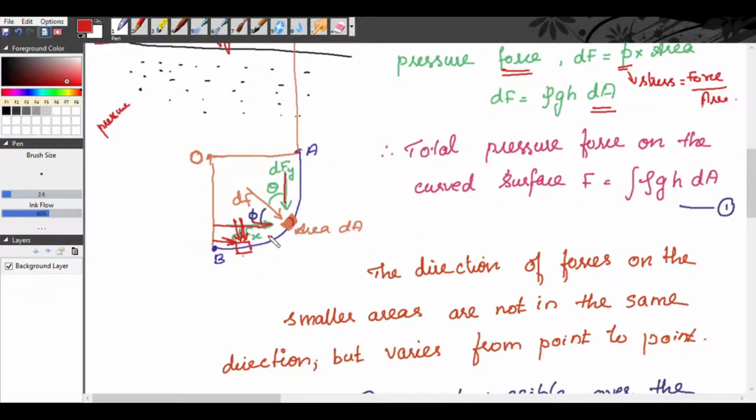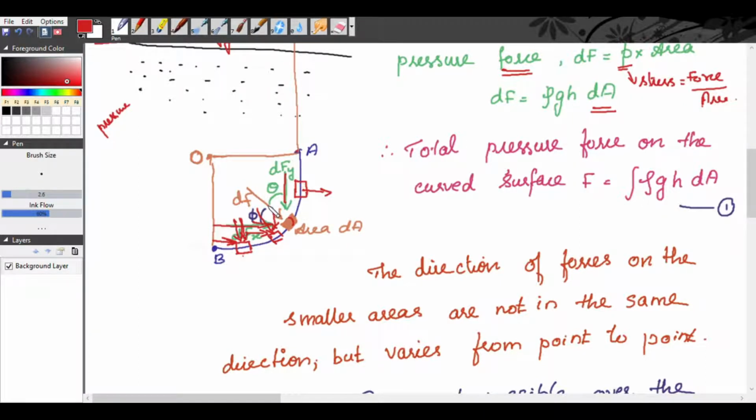If you take a smaller area here, this will be your resultant force. You can resolve it vertically and horizontally, so the direction remains the same. You take another smaller area here, and you can resolve it horizontally and vertically. The directions remain the same.